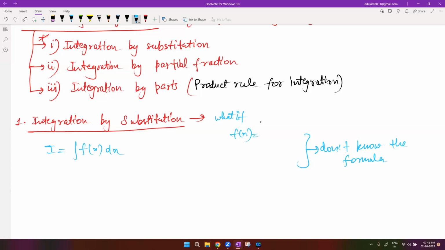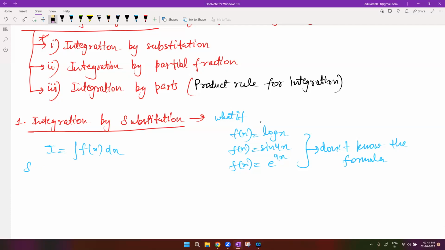What if f(x) is log x, or sin 4x, or e to the power 4x? e to the power 4x we don't know, e to the power x we know. So what do we do in these cases? We simply substitute.